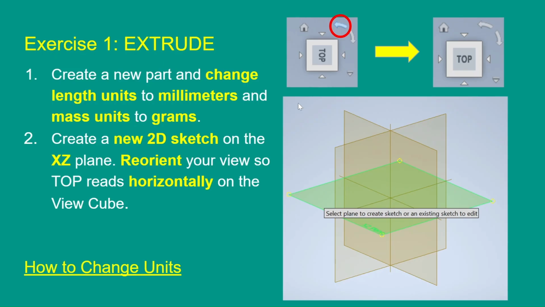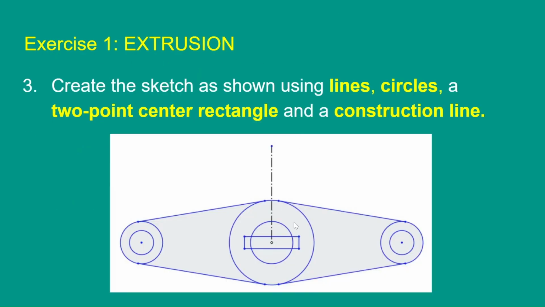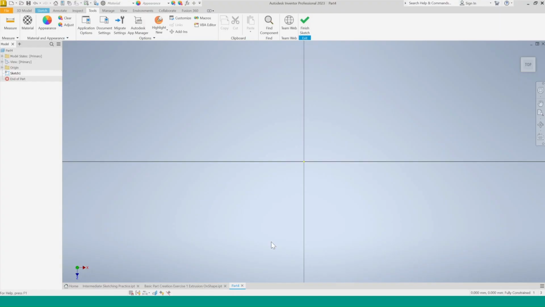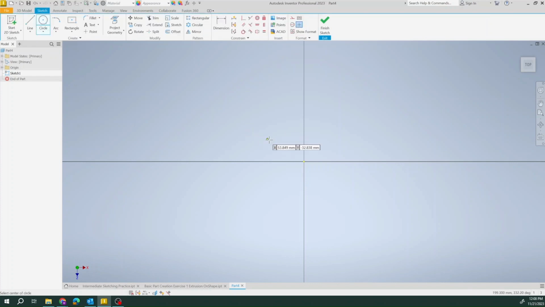So I look at my PowerPoint, and I need to make this sketch, right? I want to have this construction line here, and the trick is I want to start right here in this middle point. I want to start that right in my center point of my view. So the first thing I'm going to do is go to my Sketch tab and make a circle, like so.